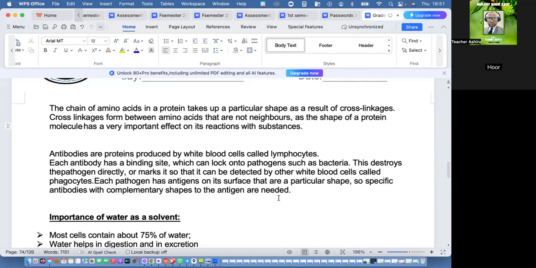A binding site, where pathogens such as bacteria can be locked in and destroyed. When they lock onto a particular bacterium, antibodies end up destroying the pathogens. How do they destroy the pathogen? By eating them up or by secreting chemicals to destroy them.